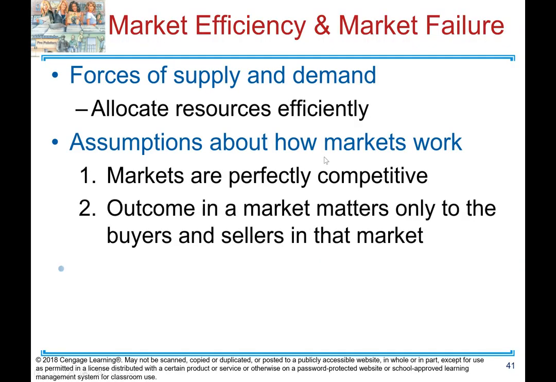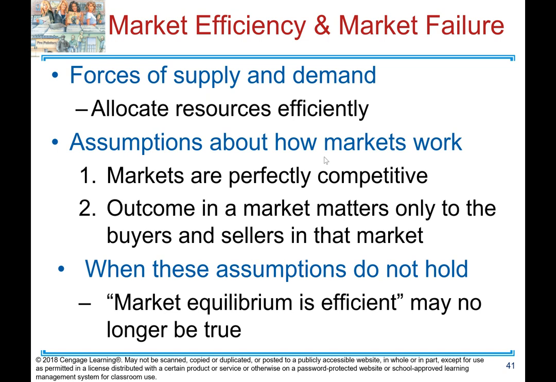Market efficiency and market failure. Forces of supply and demand allocate resources efficiently. Assumptions about how markets work: what are these assumptions? Number one, markets are perfectly competitive. Number two, the outcome in the market matters only to the buyers and sellers in that market.